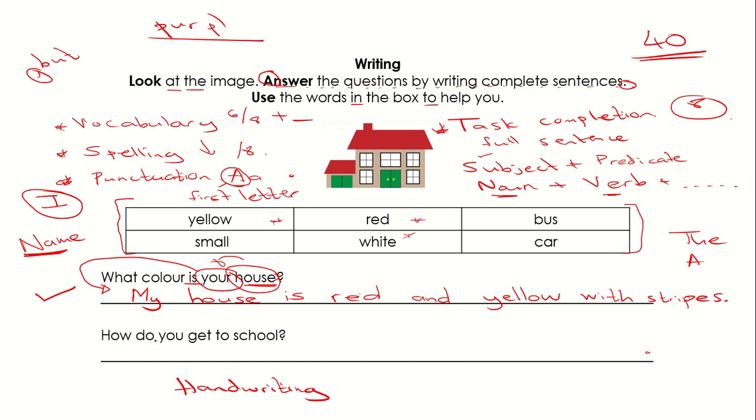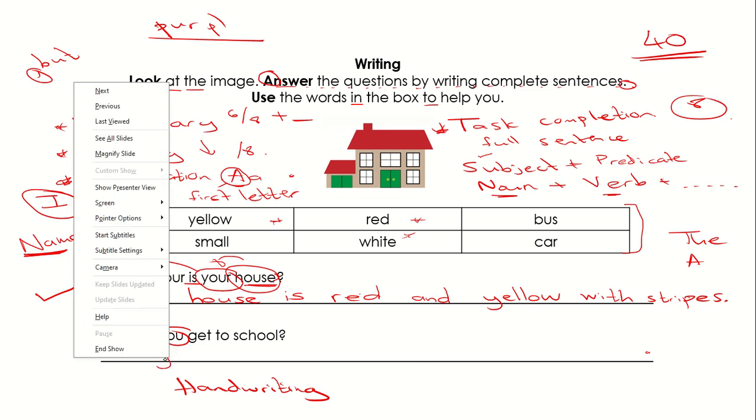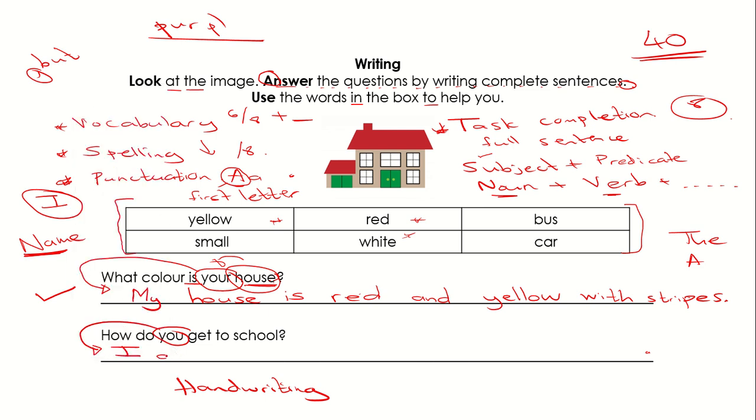Okay, second question. How do you get to school? You will become I in a sentence. I. Now it says get to school. We're going to change this a little. You can say I get to school in a, but it's easier if I say I go to school.